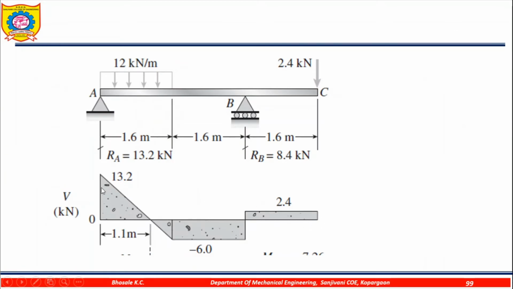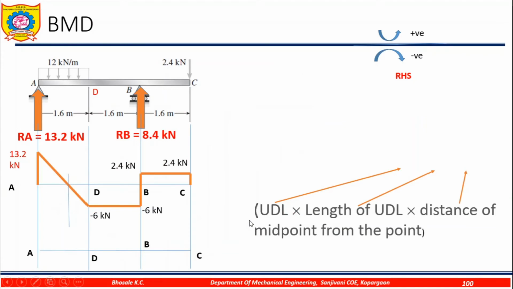This is the shear force diagram as given in the Hibbeler book. Similarly, we can find the bending moment diagram. We have assumed the sign convention: anti-clockwise bending moment is positive, clockwise is negative. Bending moment at point C is 0.